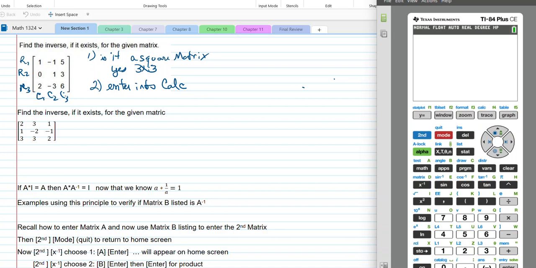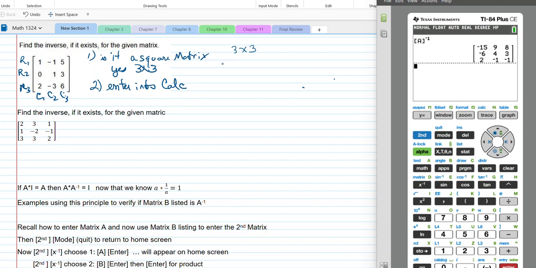I'm going to name this guy by going second matrix. Name it. I'm going to hit the inverse key, which I told you was that one right there. So now I will enter. And this is what I have. All right, so the inverse of this guy is another 3 by 3.